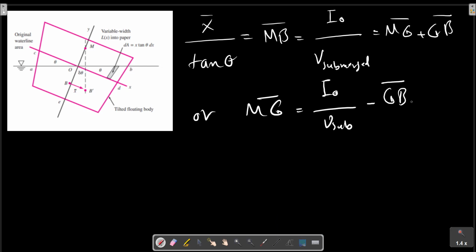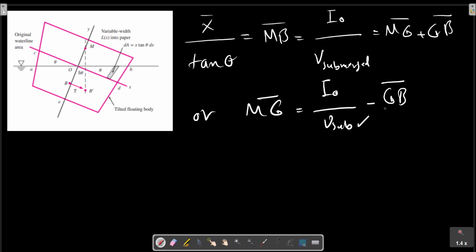The engineer will determine the distance from G to B from the basic shape and design of the floating body, and then make the calculation of I/O and the submerged volume V.